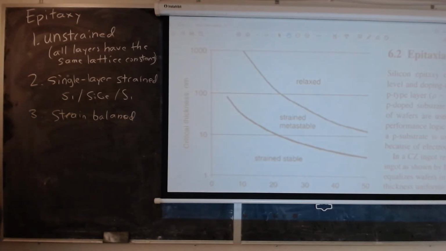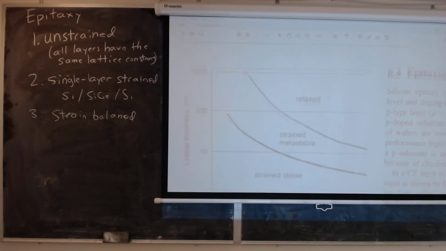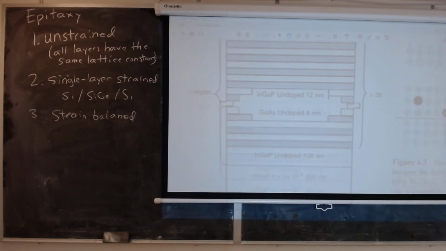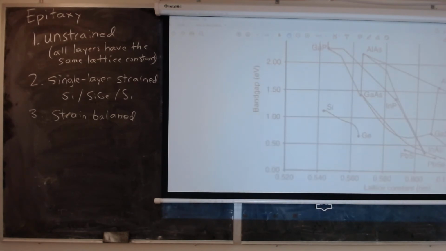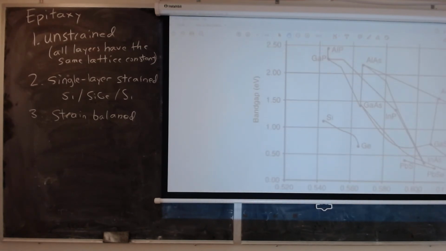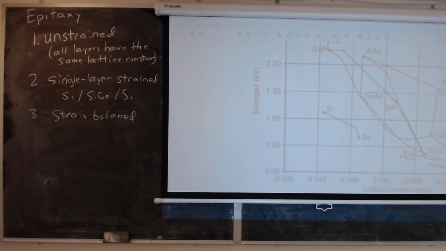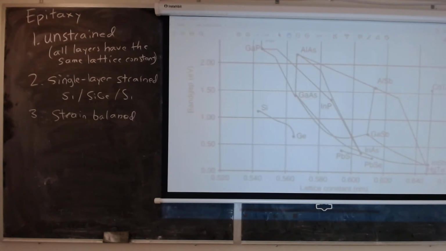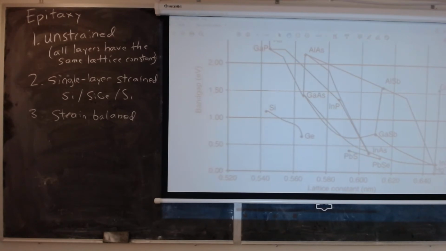And the example I'm going to give, because it's your homework, going back to our chart here. Okay. Now, if you look at this chart, what you'll see is that you can form an alloy between gallium arsenide and gallium phosphide.